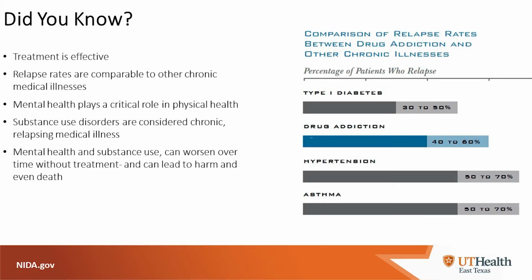So with substance use disorders and mental health problems, the relapse rates are actually comparable to other chronic medical illnesses such as diabetes, high blood pressure, asthma. Substance use disorders are, again, considered chronic relapsing, as are mental health disorders, so that means they need ongoing treatment. Mental health and substance use disorders can certainly worsen over time, but the goal is treatment and to improve quality of life, improve functioning, control symptoms.